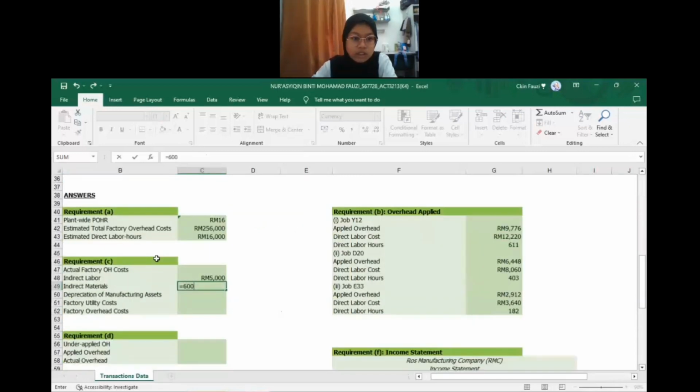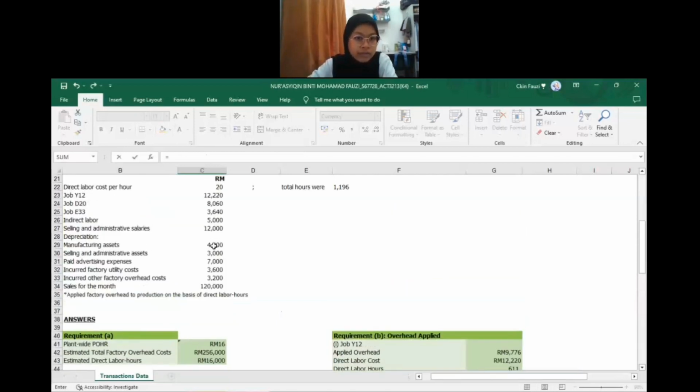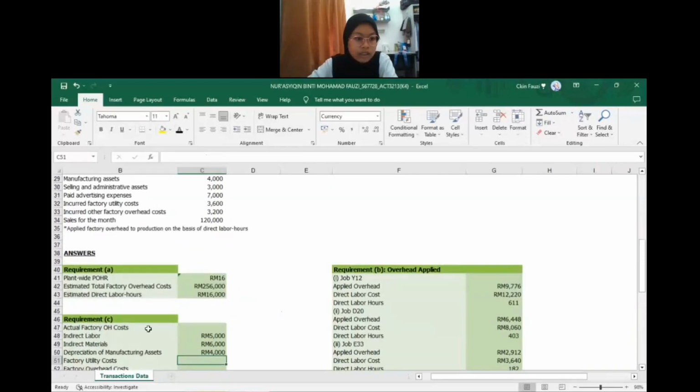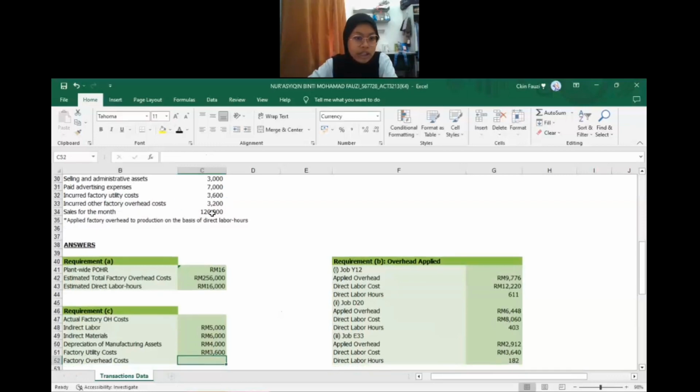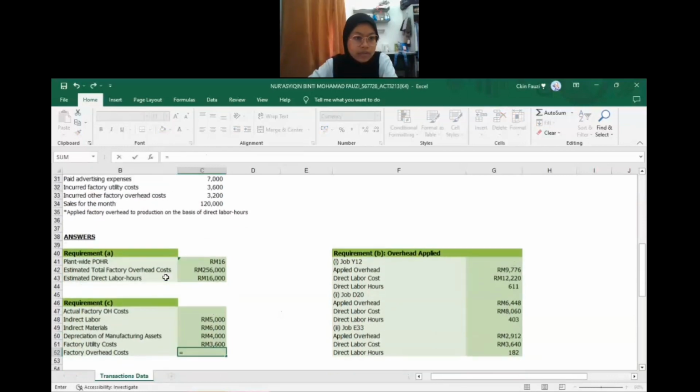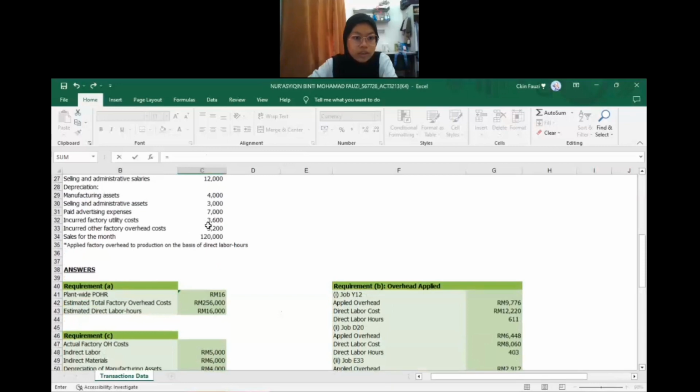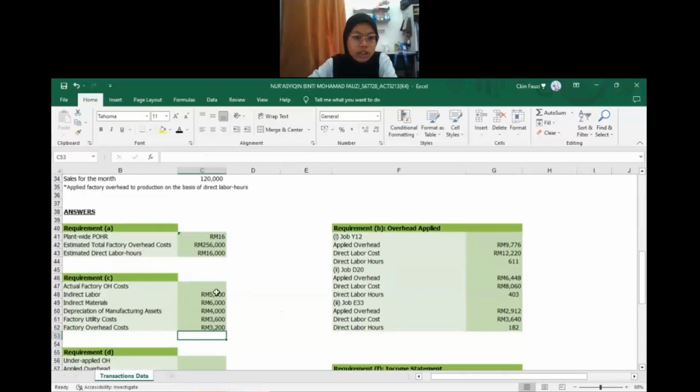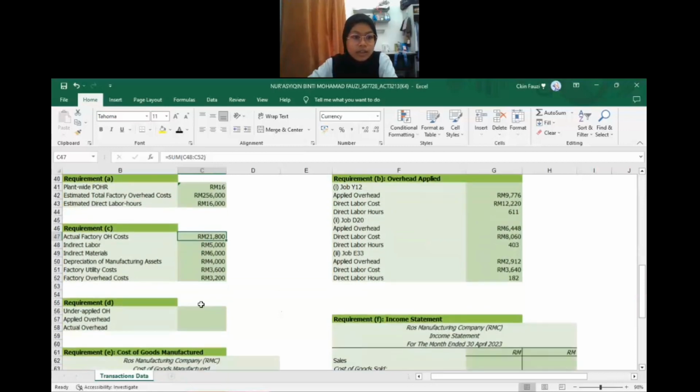So 6,000 ringgit. Depreciation of manufacturing assets given 4,000 ringgit. Next, factory utility cost given 3,600 ringgit. And last, factory overhead cost given 3,200 ringgit. So calculating all these amounts, we get 21,800 ringgit for actual factory overhead costs.